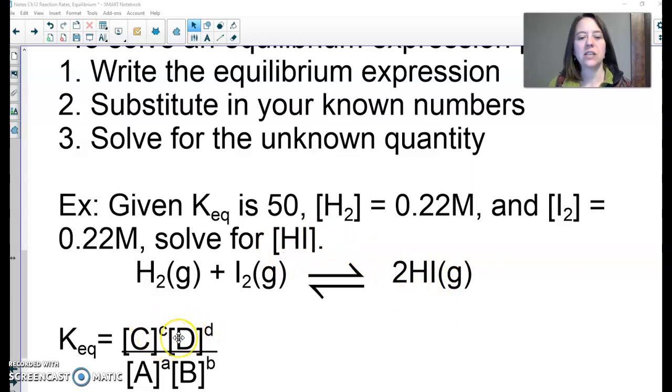So that's going to go up on the top. And then our reactants are hydrogen and iodine. The molarity of hydrogen is 0.22 molar, and the molarity of iodine is 0.22 molar also. And our KEQ is right here, 50. So let's sub in our numbers on the next slide.